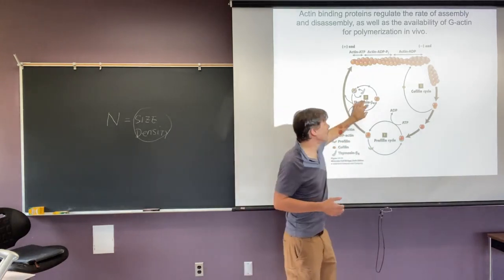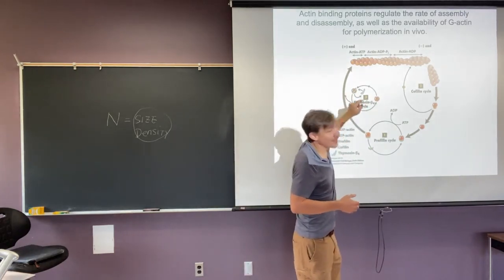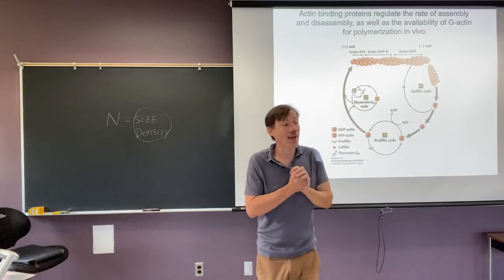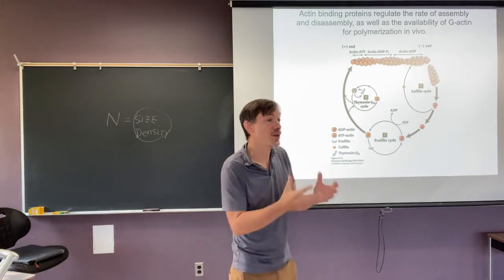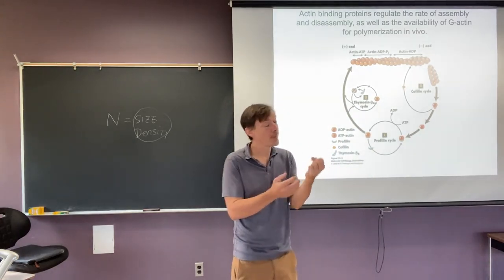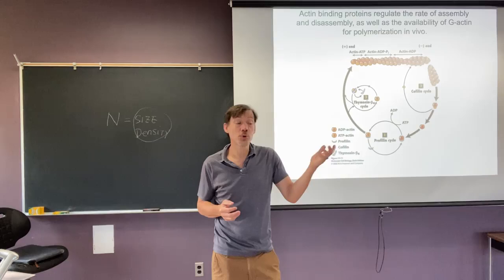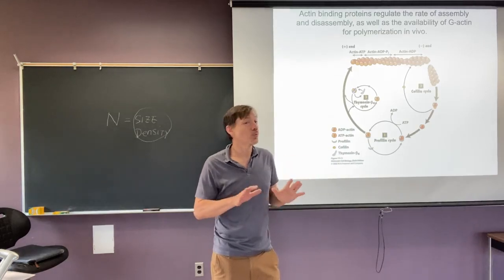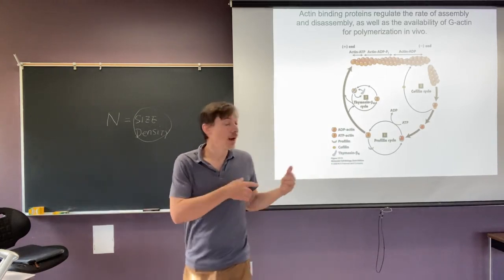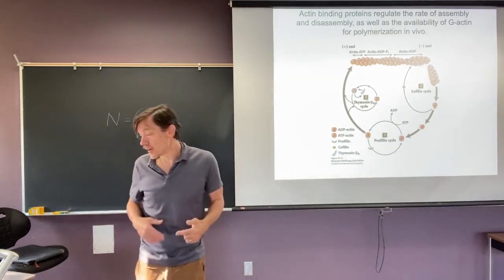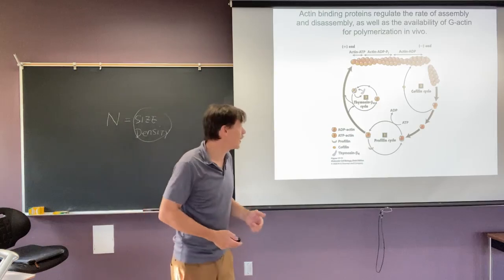So what thymosin beta 4 is doing is it's binding to G-actin and it's blocking its ability to form filaments. And that stores a huge amount of G-actin in the cell that's ready to be used when needed, but otherwise will not assemble into actin filaments. And I'll go into more detail about these proteins as we talk here.